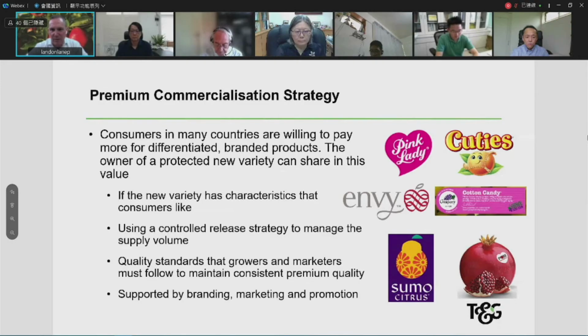Then there are many examples of how a new product has gone on to become regarded as a premium, like a Rolls-Royce car. Well, these are the Rolls-Royce of fruit in their categories. Next slide, please.